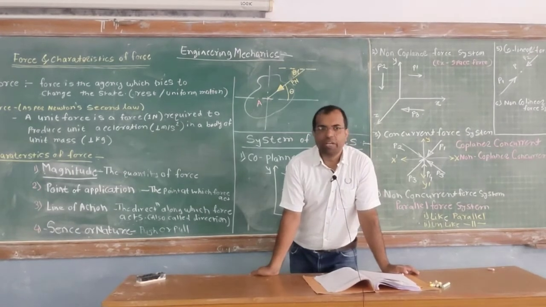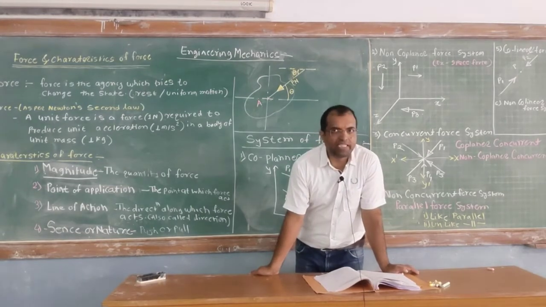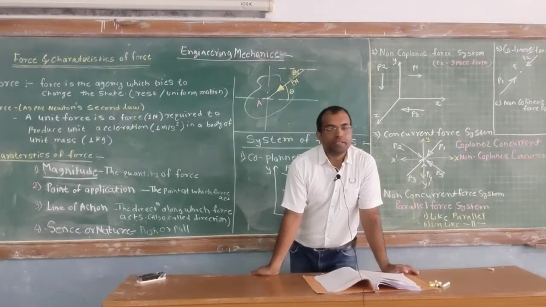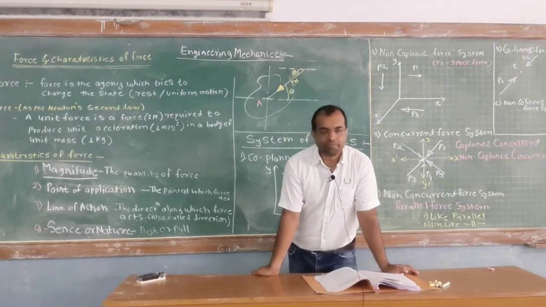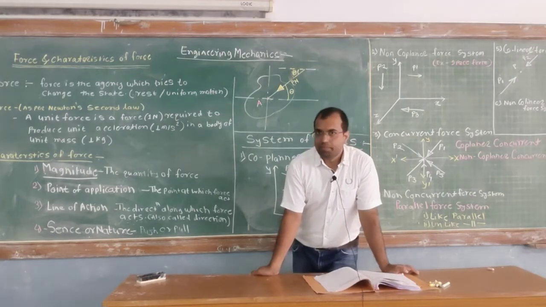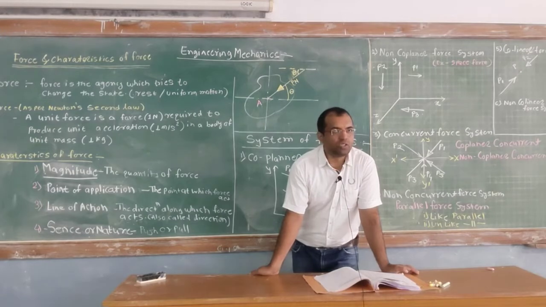In the second lecture, we have learned the definition of mechanics. What are the branches of mechanics? There are two branches of mechanics: one is engineering mechanics and another one is fluid mechanics. Mechanics is again divided into two parts: one is the mechanics of the deformable body, that is solid mechanics, and another one is the mechanics of the rigid body.